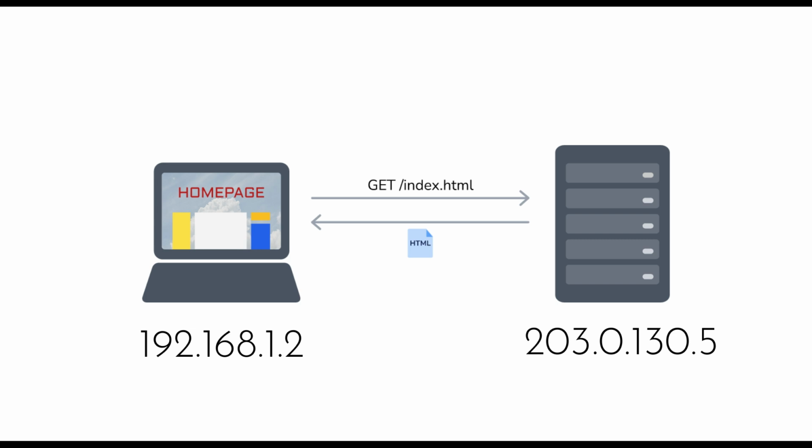The server responds to the request by sending data packets to the router's public IP address, and the router uses the NAT mapping table to forward the response to the original device with the private IP address. In this way, NAT enables devices with private IP addresses to access resources on the Internet without requiring each device to have a unique public IP address, conserving IPv4 address space and enhancing network security.